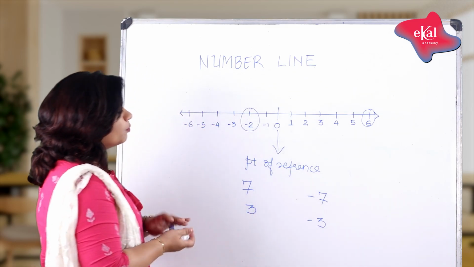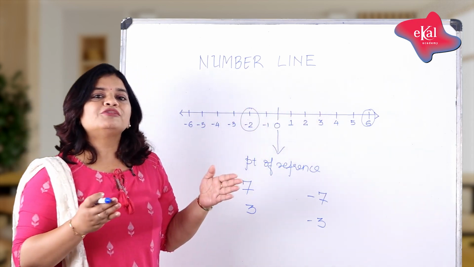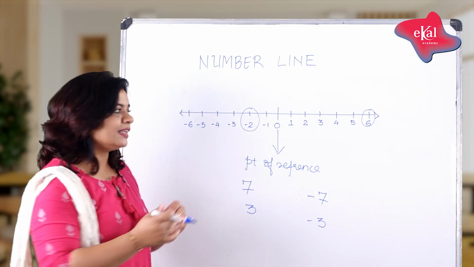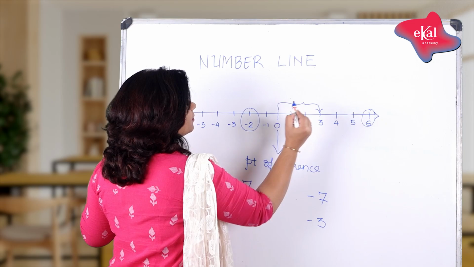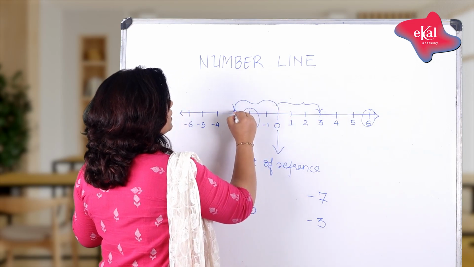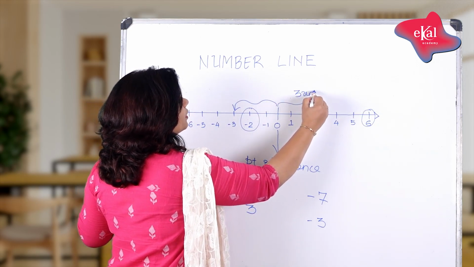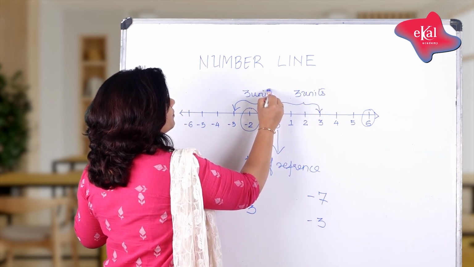You can see both 3 and minus 3 are equidistant from the point of reference, that is 0. Here 3 is reaching here, and here minus 3 is reaching here. Both are at a distance of 3 units from the point of reference.